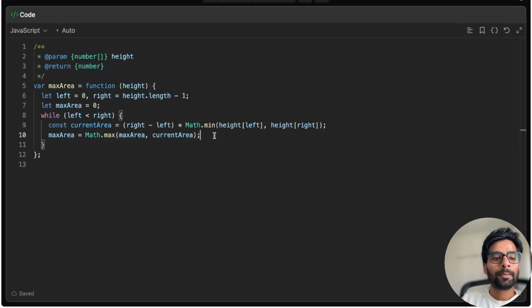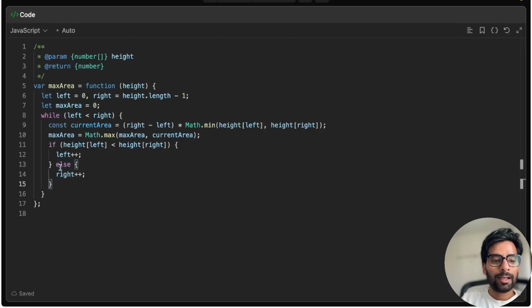And also after doing this, in search of better height, I need to see which was my limiting height. So we'll just check that height of left. If that was less than the height of right, then that means left should move forward. But if that was not the case, then I can just move forward right. So I'm not taking the equal to case. That equal to case will go into this else part, and we will be updating right plus plus.